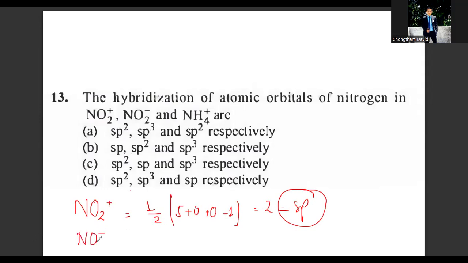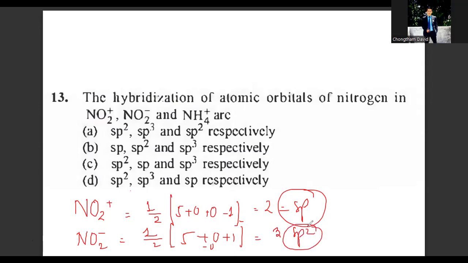Whereas in the case of NO2 minus, it would be half of 5 plus 0 plus 1 minus 0. So for this, the answer is 3, which is sp2.